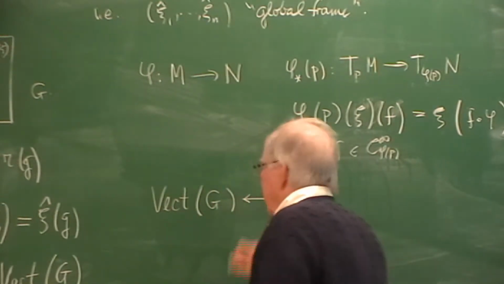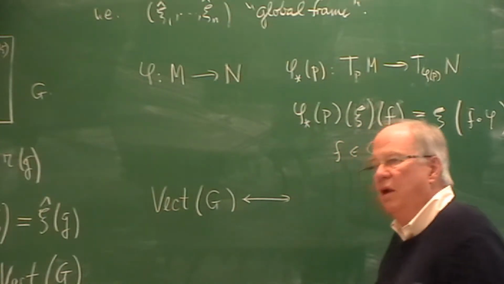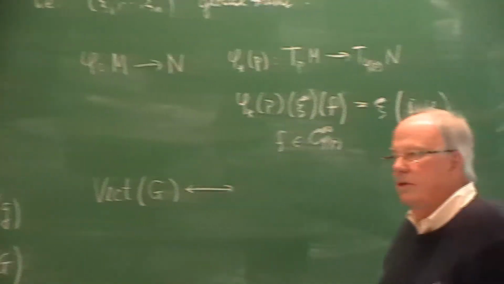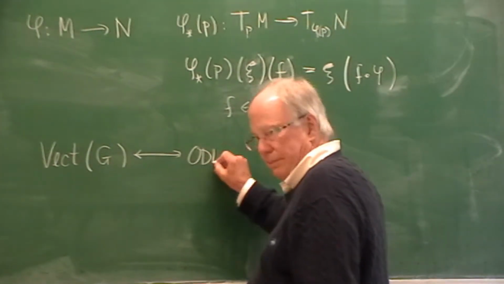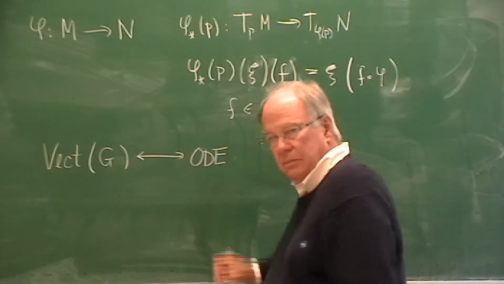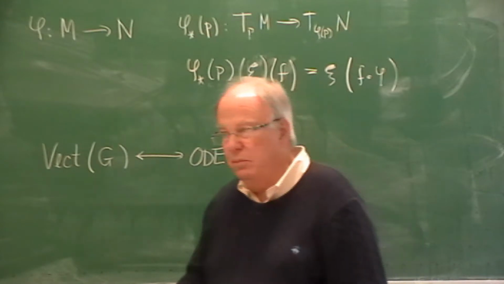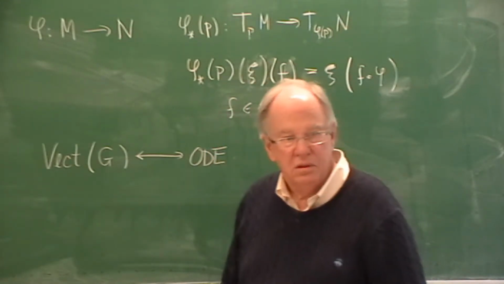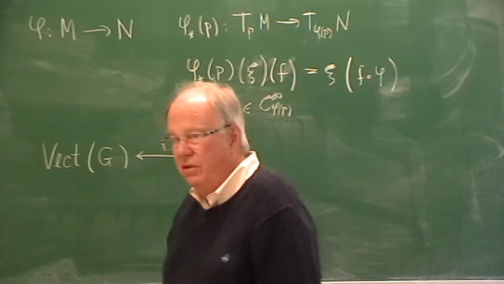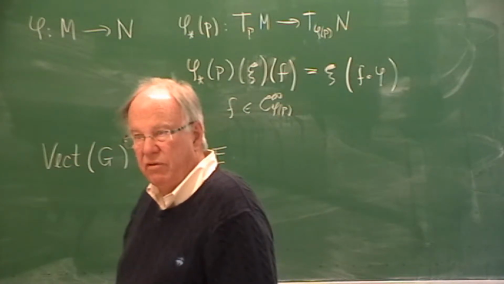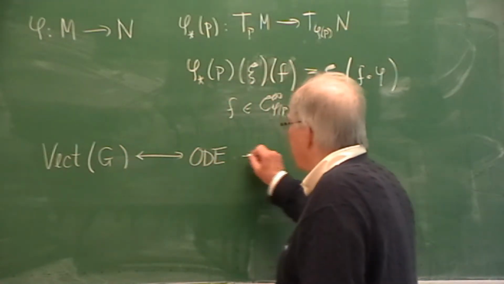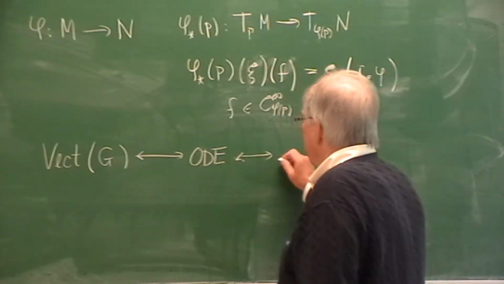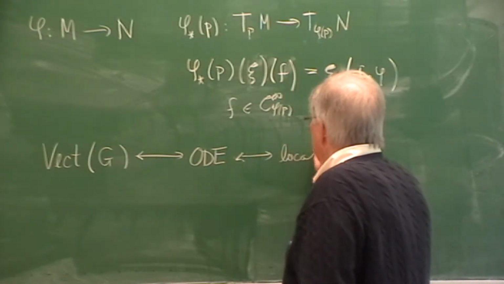And if you want to impress your professors in mathematics, you should say this is ODE. Physics people only know about ODEs. A vector field is an ordinary differential operator. And if you really want to impress somebody, you say, well, this is a local action.